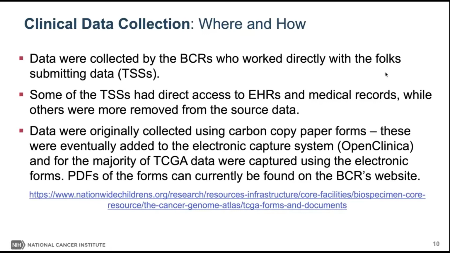A couple of things I really wanted to point out: some of the tissue source sites had a lot of access to the electronic health records, but not a lot of bandwidth. And some of the sites had a lot of bandwidth, but they might have been commercial biobanks where they didn't have much access to go back to the treating site, or the site who had direct access to the patient, to get more data. And then there was a bunch of sites in between.